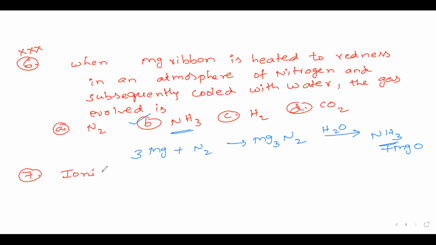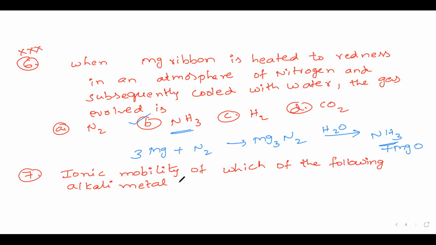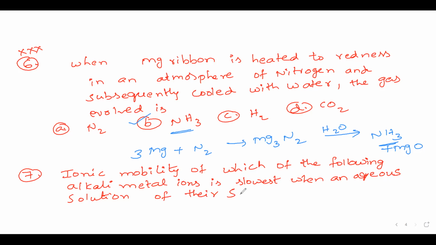Ionic mobility of which of the following alkali metal ions is slowest when an aqueous solution of their salts is put under an electric field?